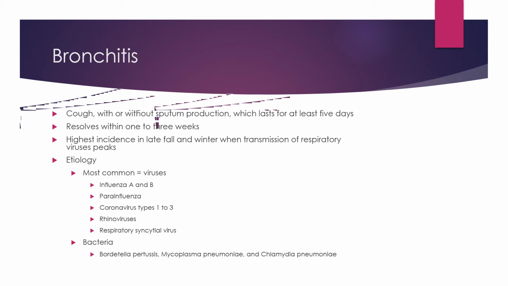So why? Because it's usually caused by respiratory viruses, and the most common viruses that cause it are influenza A and B, parainfluenza, coronavirus types 1 to 3, rhinovirus, and respiratory syncytial virus.